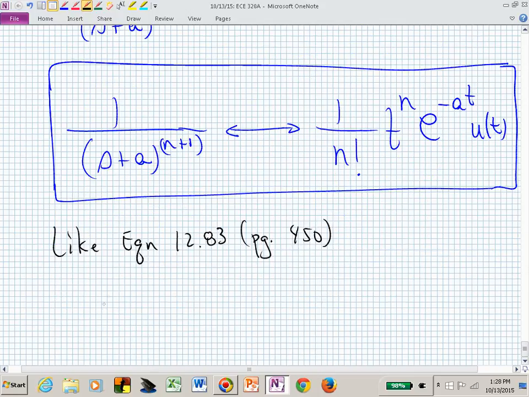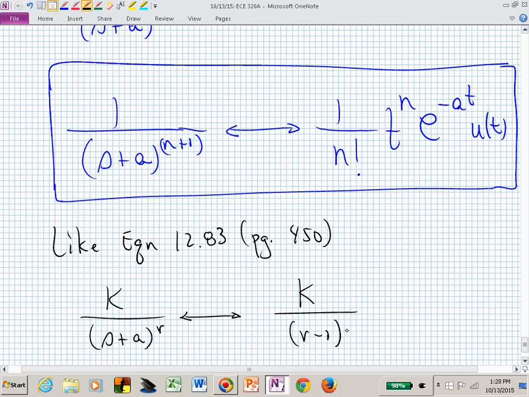They say, oh, if you have k over s plus a to the r, that's now going to be k over r minus 1 factorial, t to the r minus 1 power, e to the minus a t u of t.